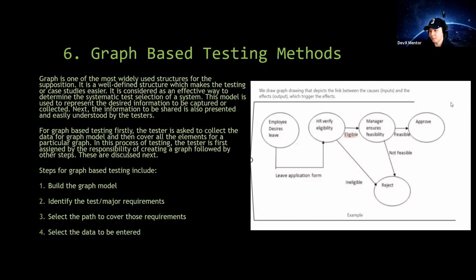So we're basically building the whole model. We will have special programs and tools to build it. Identify the test measure requirements. Yeah, we need to go and double check all requirements and understand our application in and out. Identify and select the paths to cover those requirements, like different outputs and inputs, and select the data to be entered.